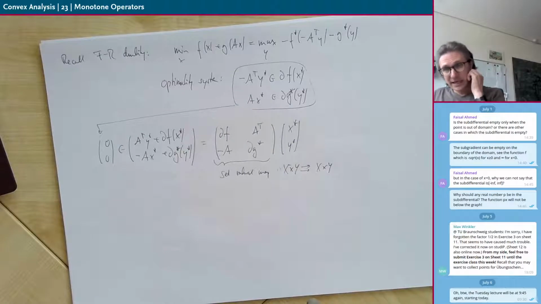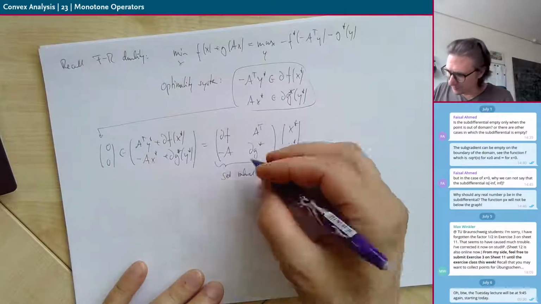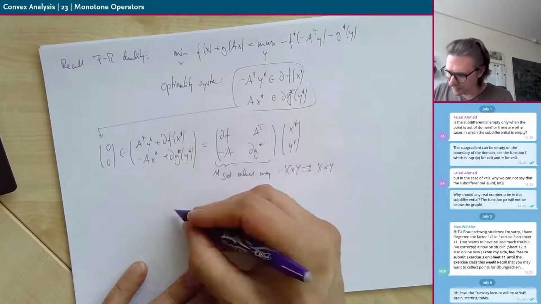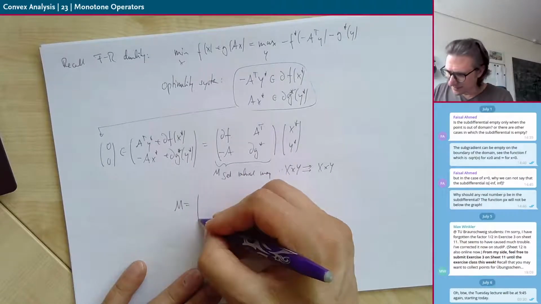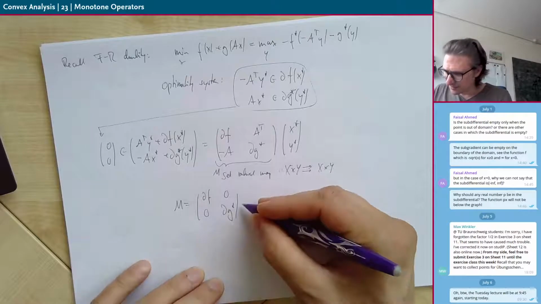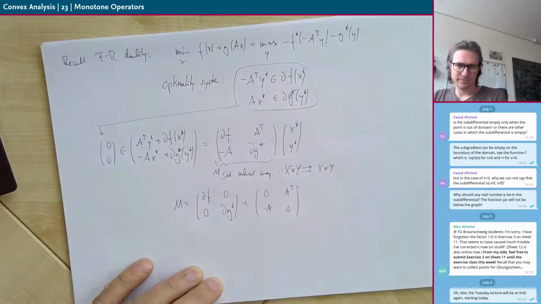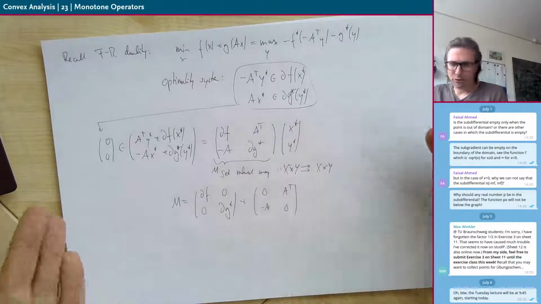Okay, and in fact it's monotone. It's simple to see that it's monotone because we can decompose it. Let's call this M for the time being. We can write this M as the sum of two things, this guy here plus that guy. This is how it works.